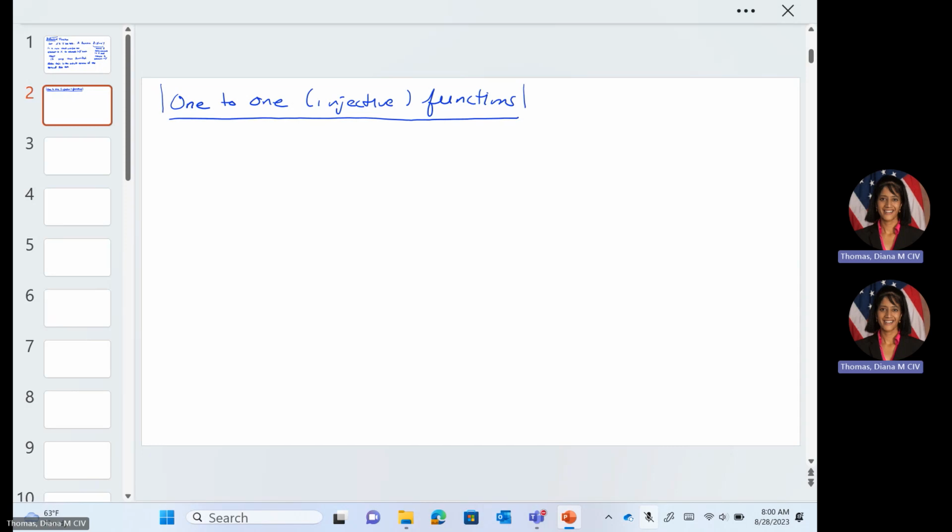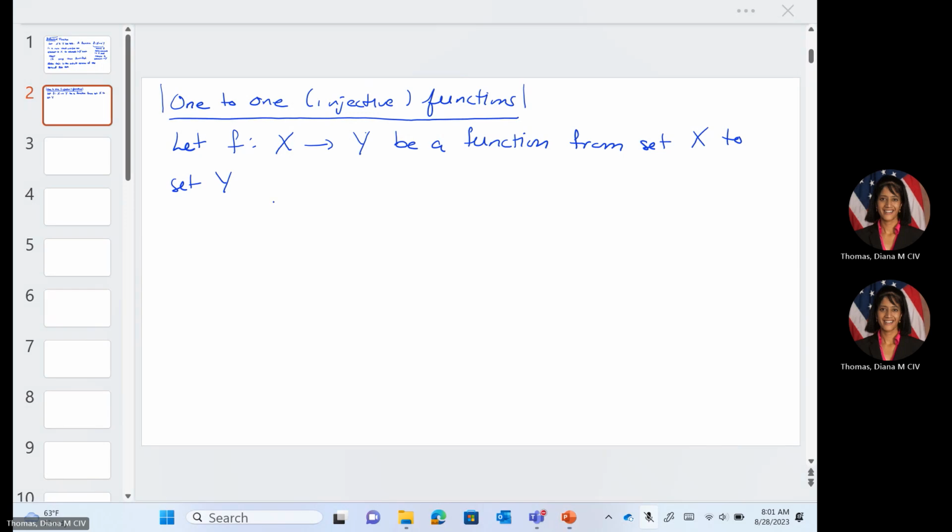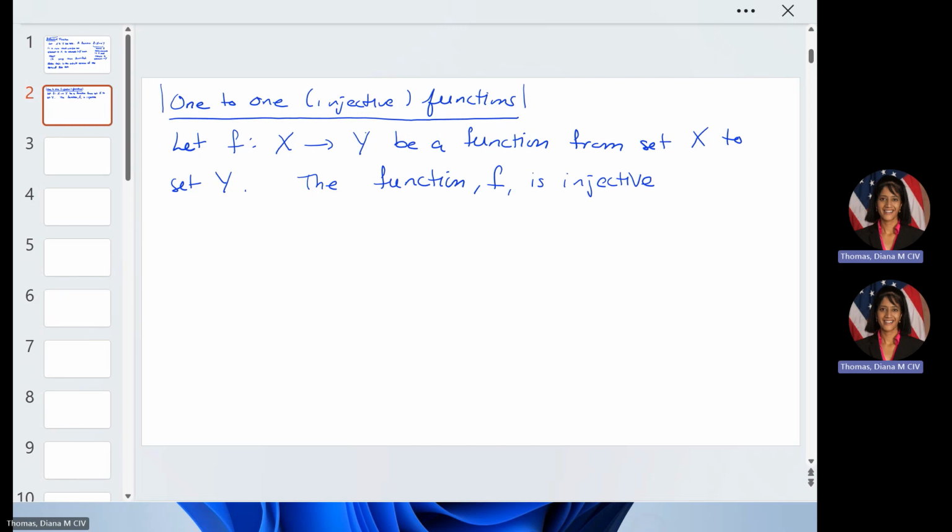It's also called injective functions. It's injective, or also known as one-to-one.